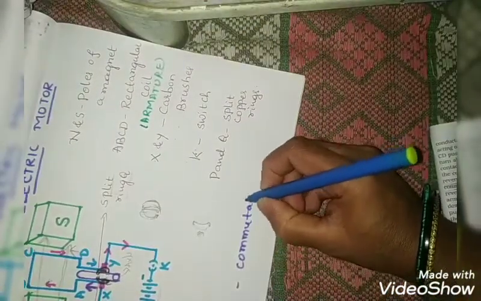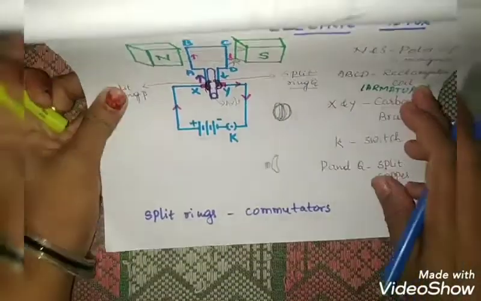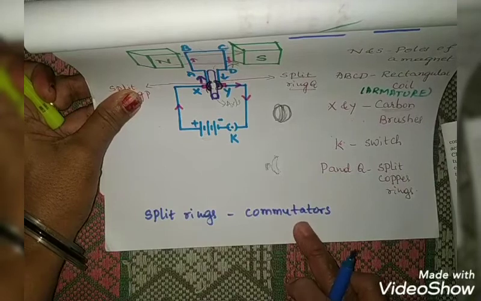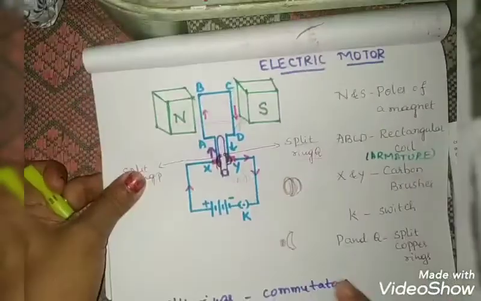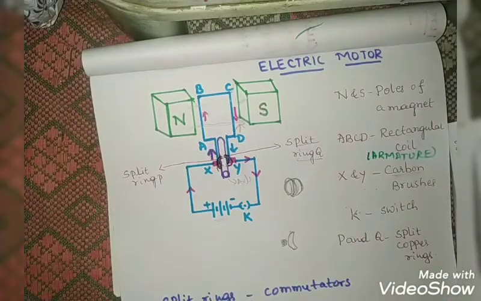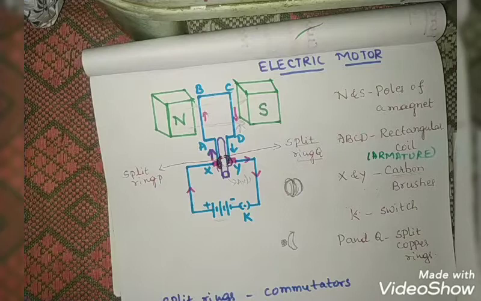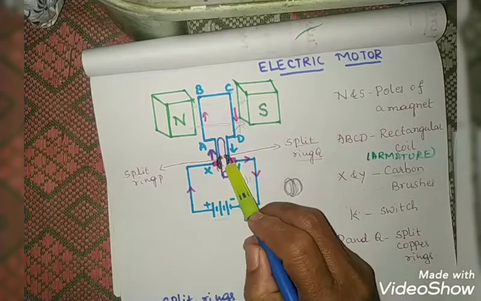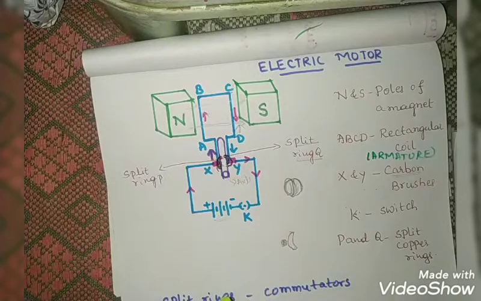Commutators are the devices which reverse the direction of the current. Split rings are known as commutators in this case, in the motors. A device that reverses the direction of flow of current through a circuit is called a commutator. So here split rings act as commutators.